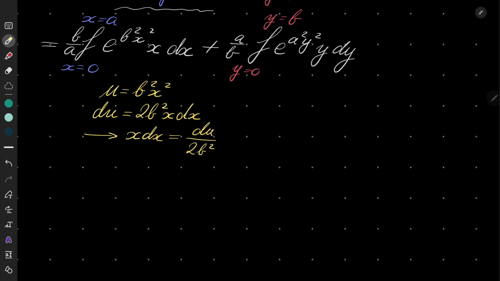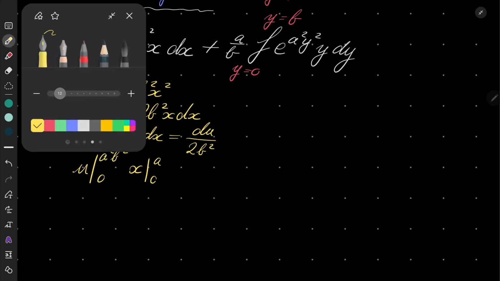And what about the bounds of integration? Well, x was from 0 to a, so u will be from 0 to a squared b squared.